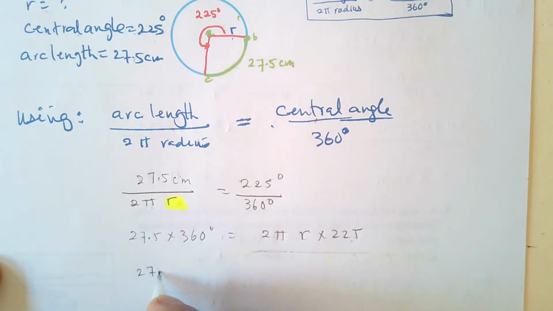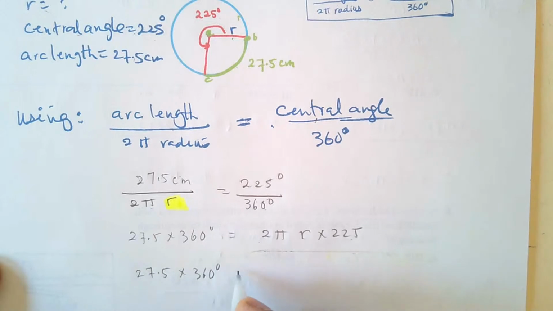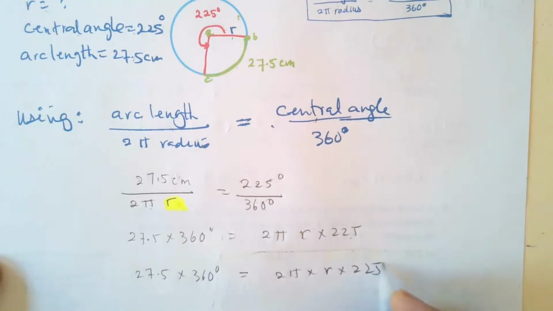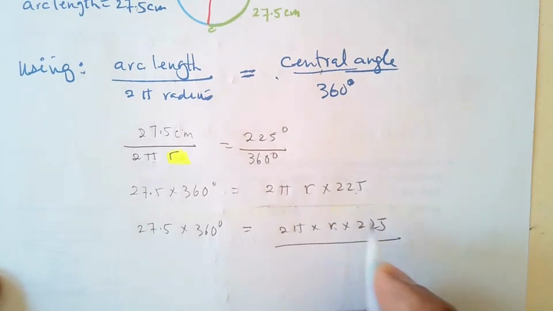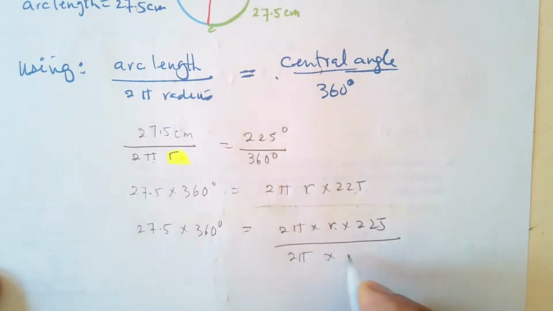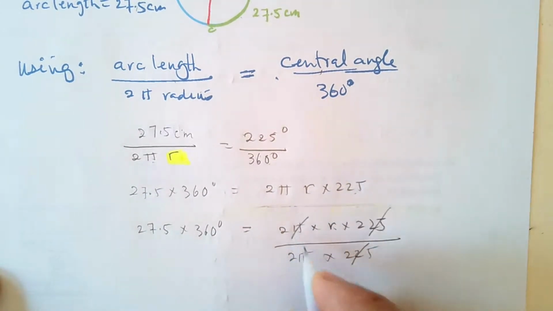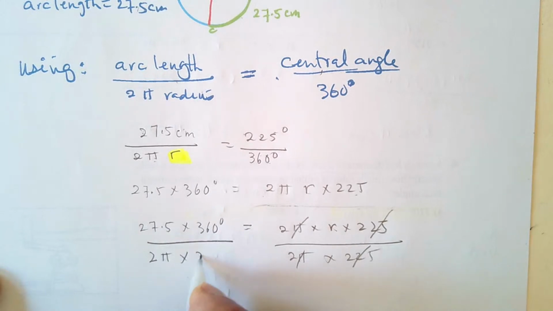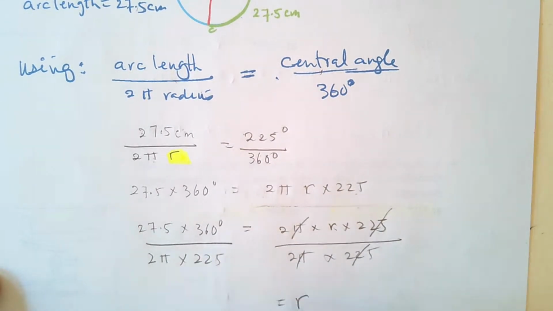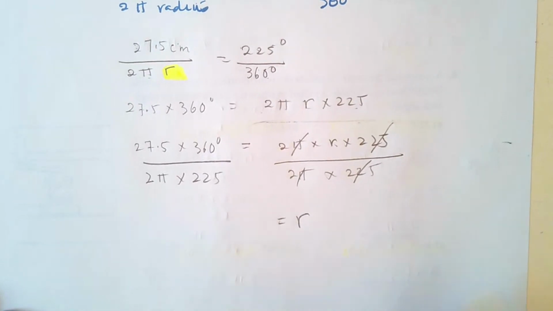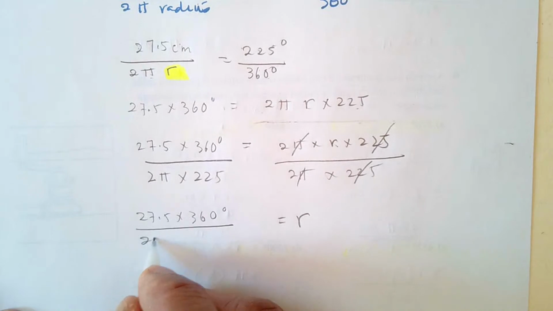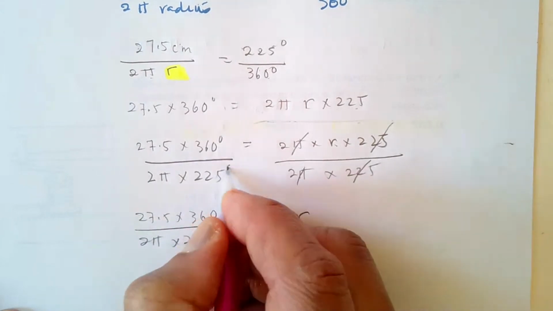I want r by itself, so I'm going to divide by 2 pi times 225, and I do the same thing on the left side. So r is equal to 27.5 multiplied by 360 degrees divided by 2 pi times 225 degrees.